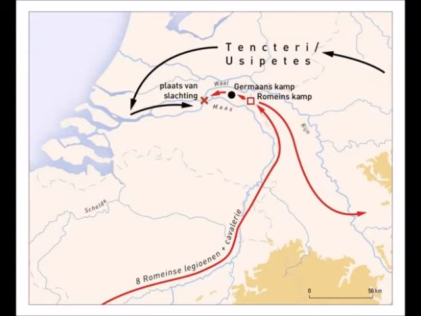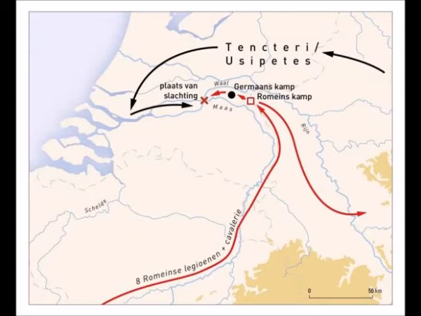So the events were 55 BC, and the people on the eastern side of the Rhine were asking Julius Caesar if Julius Caesar could protect this large horde of individuals from other Germanic peoples. And Julius Caesar said, no, you're not coming over the Rhine, you're not settling on the western side of the Rhine, you can stay on the eastern side of the Rhine, that's where you're staying. Apparently that's the story we're told.